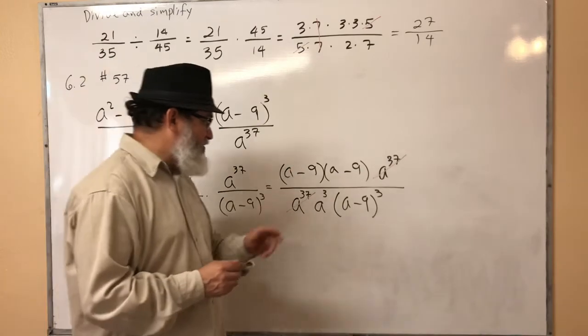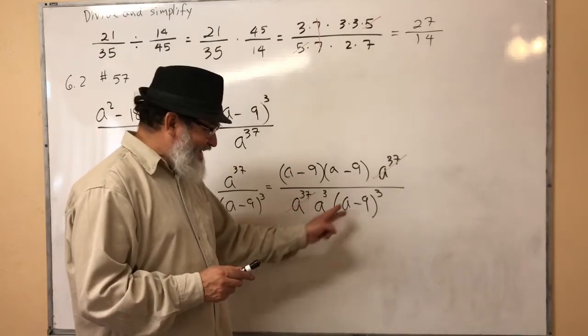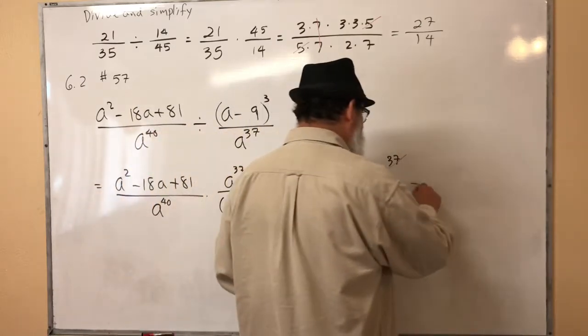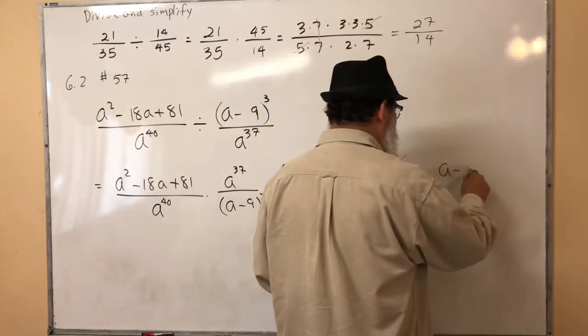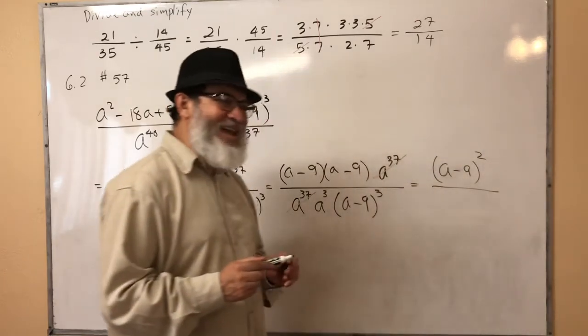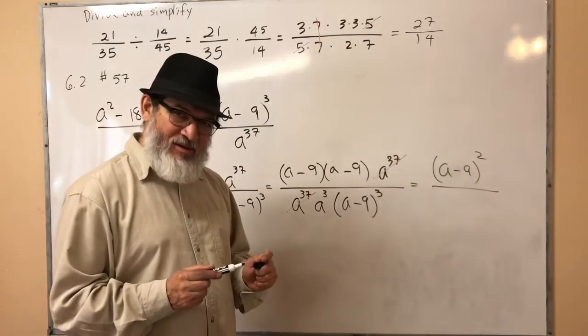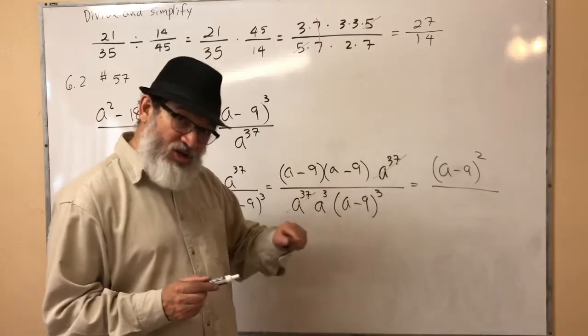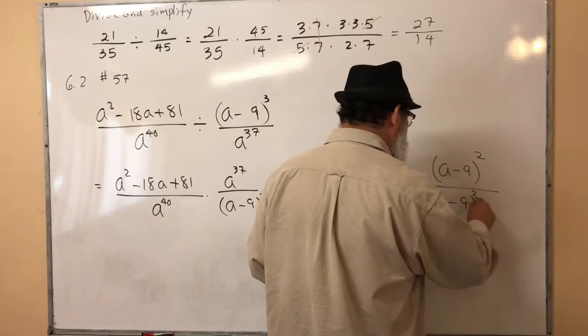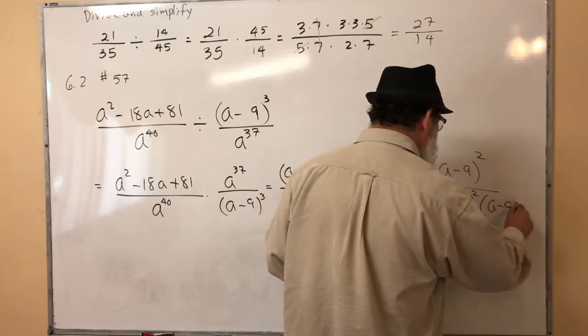And you see this a minus 9 to the second in the numerator, and in the denominator you have a minus 9 to the third. Watch this. But a minus 9 to the third is a minus 9 to the second times a minus 9.